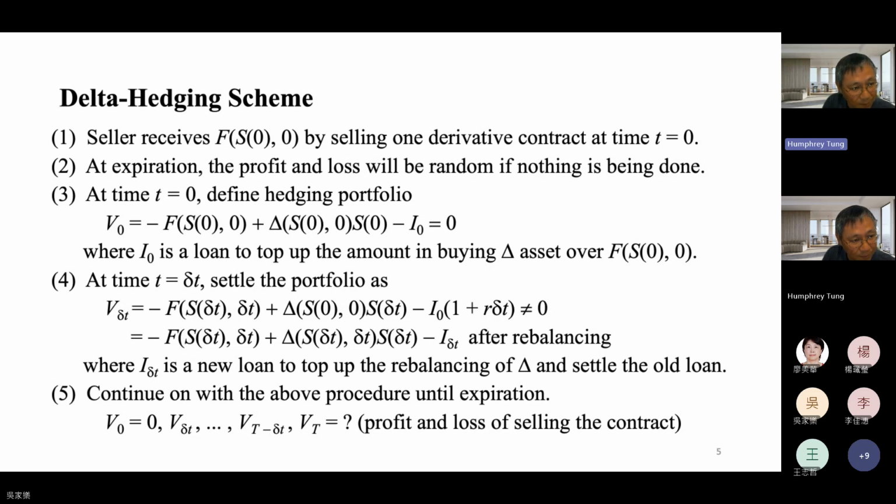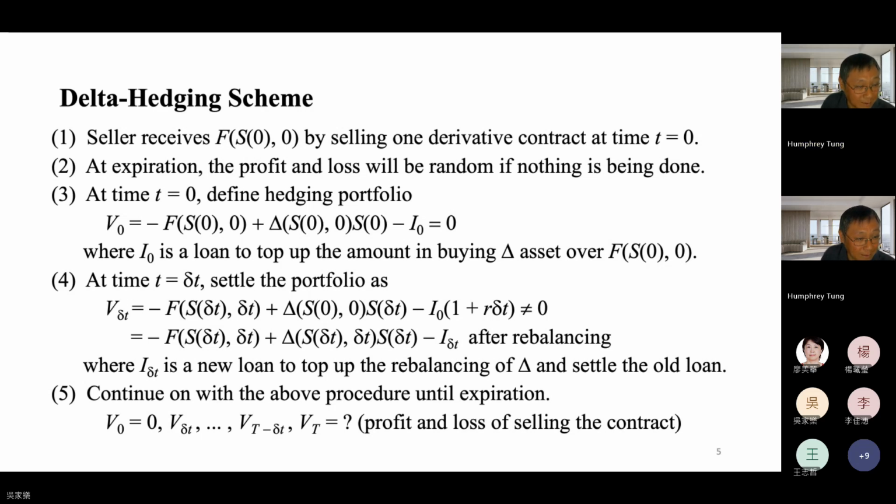He received the option price, but he needs to buy delta underlying according to the current underlying asset price. I'm not going into detail. To formulate this delta hedging portfolio, you need to save or borrow from the bank, to make it what we call self-financing.